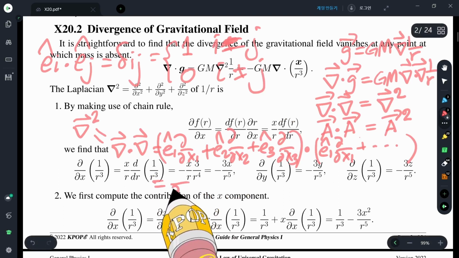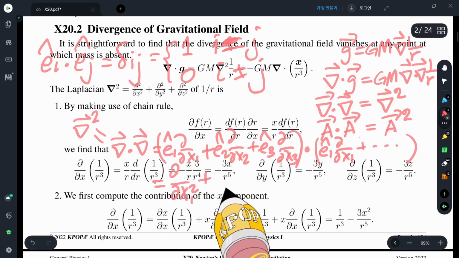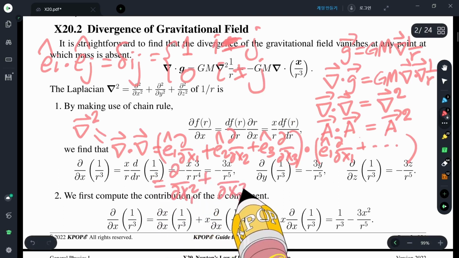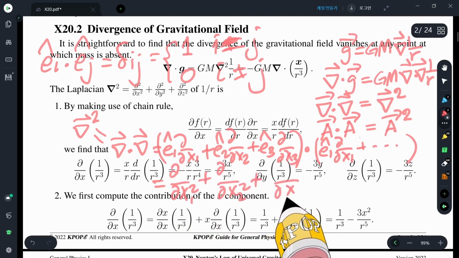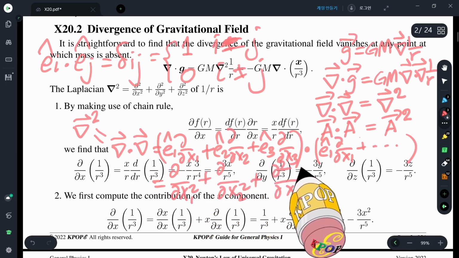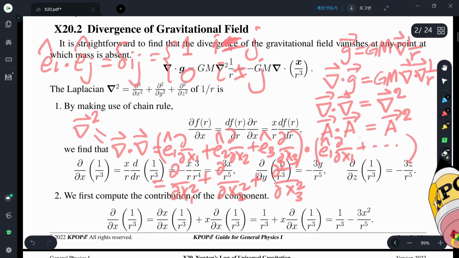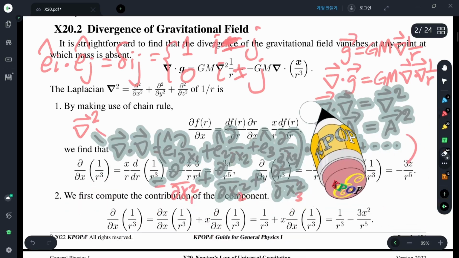The answer is the x double derivative, y double derivative, and z double derivative summed. Okay, so let us compute this one.